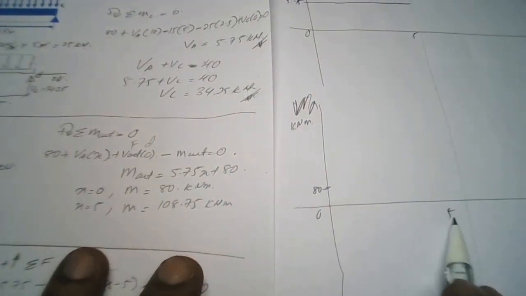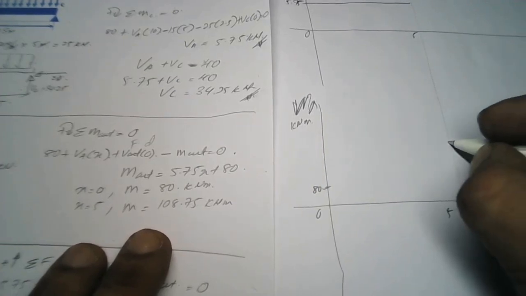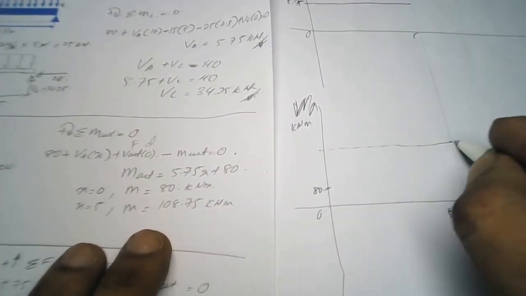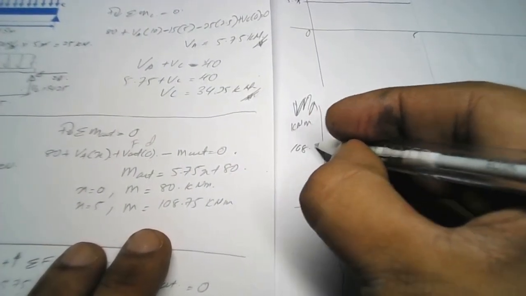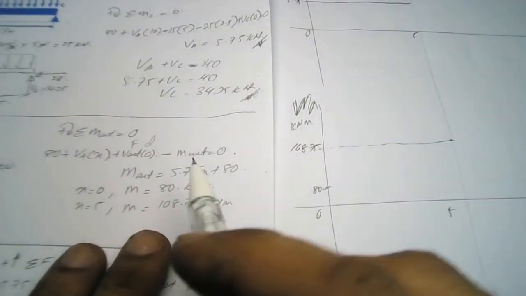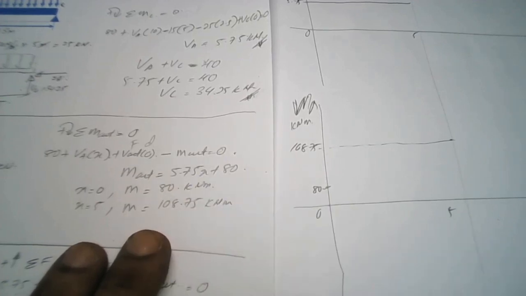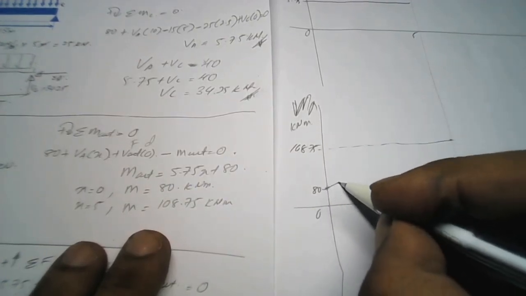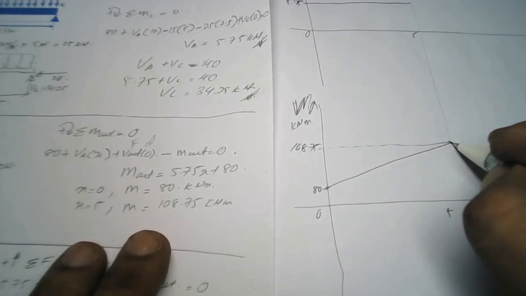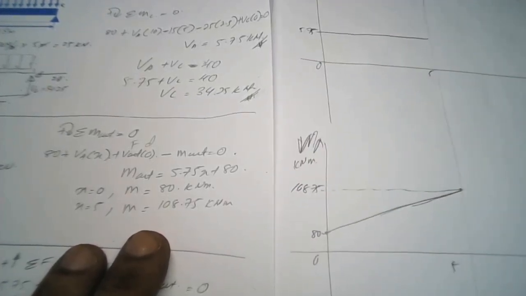If x equal to 5, the m will become 108.75. Correct. So this one is a linear equation. It's positive, so the slope is upward. One line. Okay, done for the first section.